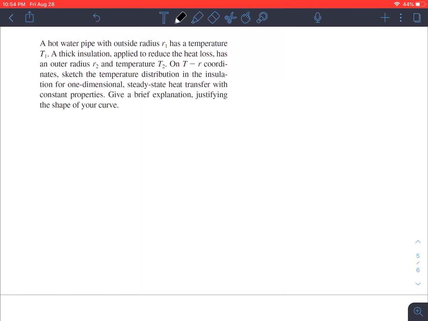Now let's look at our last problem today. This problem says we have a hot water pipe. The radius is given. The temperature is also given. This is the outer surface temperature.